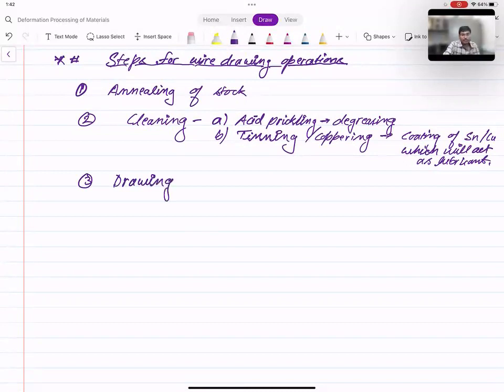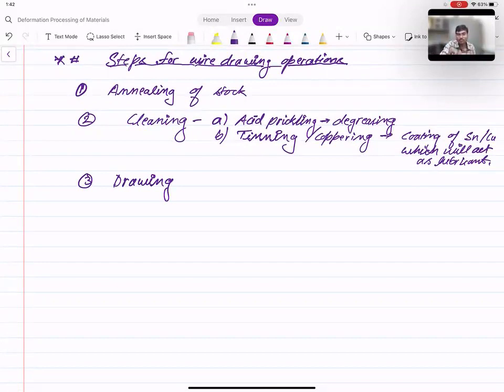Also, apart from drawing, a process known as swaging can be done. Swaging is followed by wire drawing. Wire drawing, we have seen how it is carried out using dies. The stock is pulled and coiled, and during this it passes through the die where its cross section gets reduced.